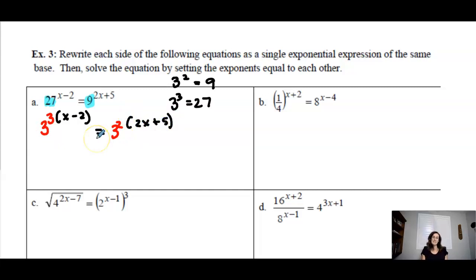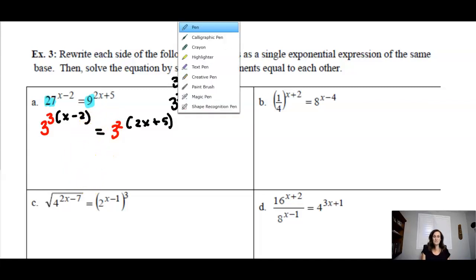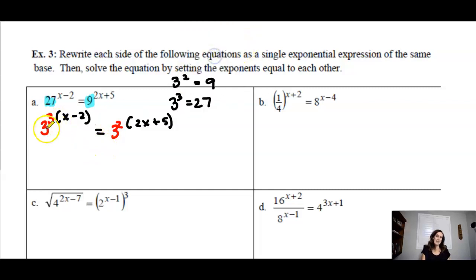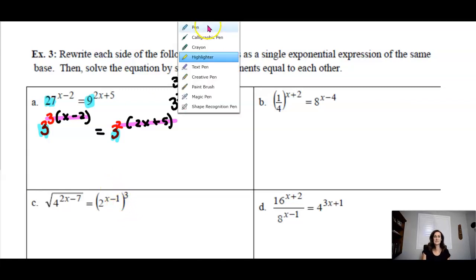With those bases both being the same, because it's an equal sign, we know that if the bases are equal, then we know that the exponents will be equal. So we're going to put the exponents equal to each other and then solve for x.